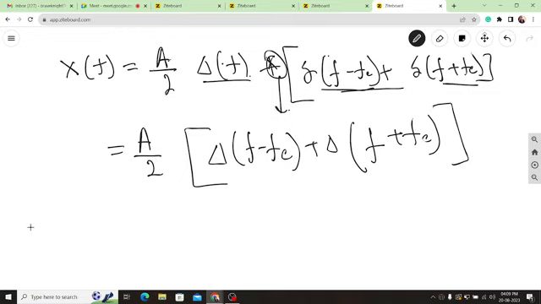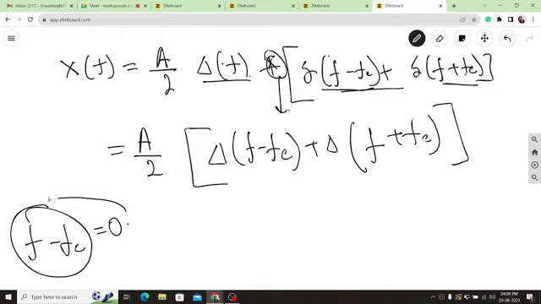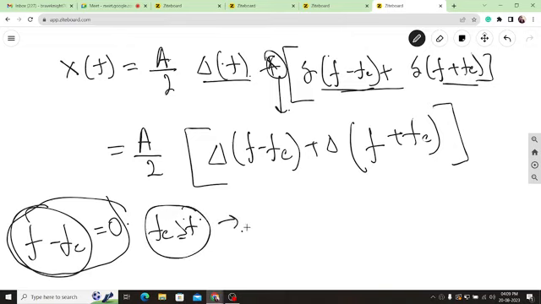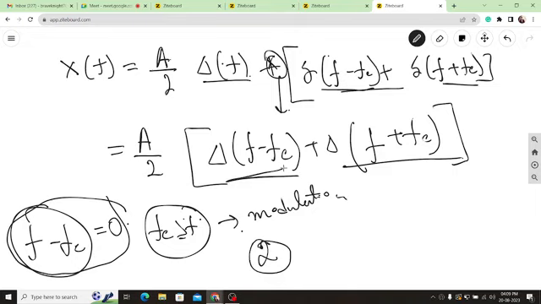The first thing is f minus fc is not equal to 0, right? Because fc is greater than f. That is the main thing for a modulation. So from this we can say the modulated signal will have a bandwidth of 2 from this triangular function.